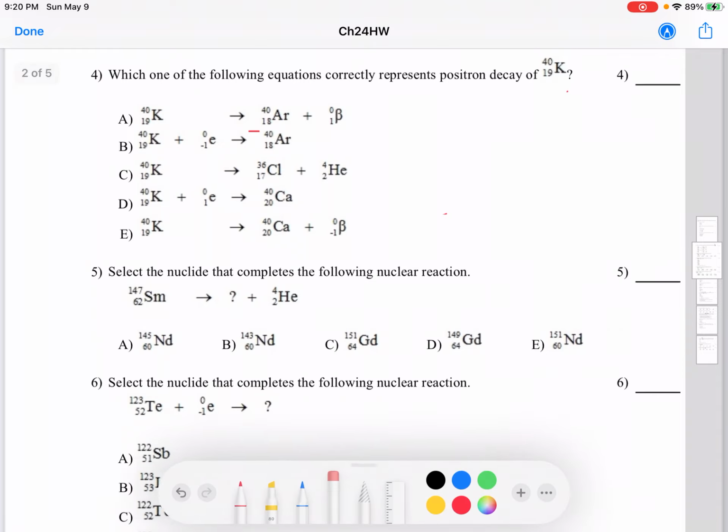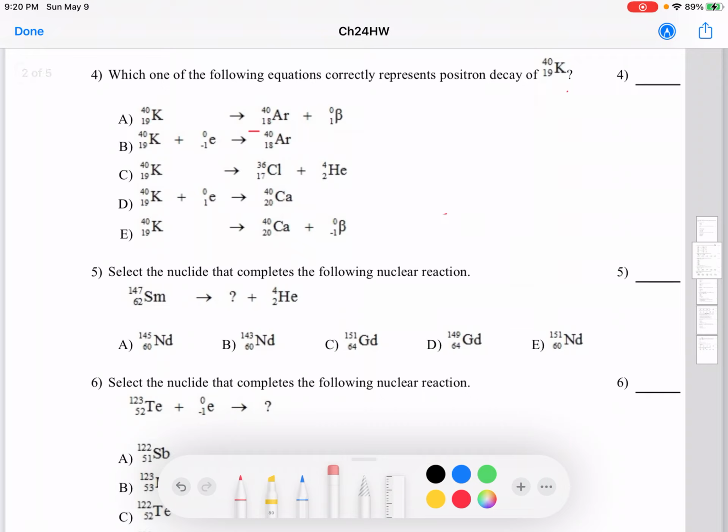So what is a positron? A positron is the antiparticle of the electron. So in a positron, the mass is 0, the charge is +1. And this is a beta particle, and this is the antiparticle of the beta particle, where you have a 0 mass and -1 charge, and the electron is 0 and -1.